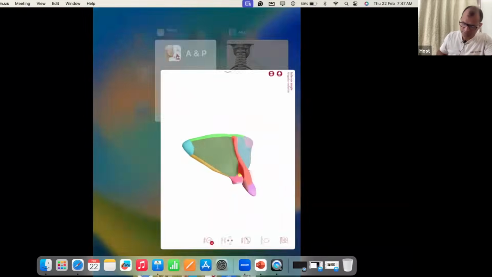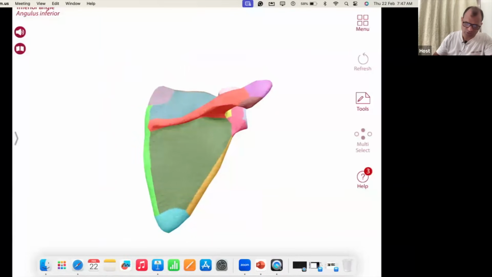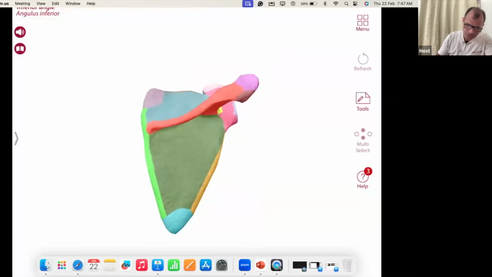So coming back here. Now if we see the scapula bone, the inner side is called the medial border and the lateral side is called the lateral border.